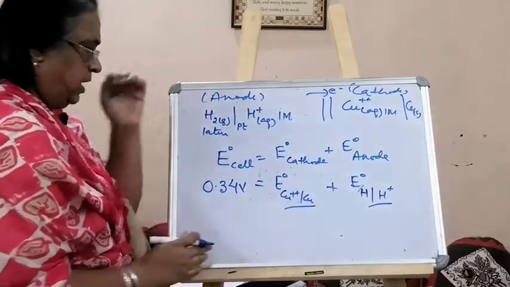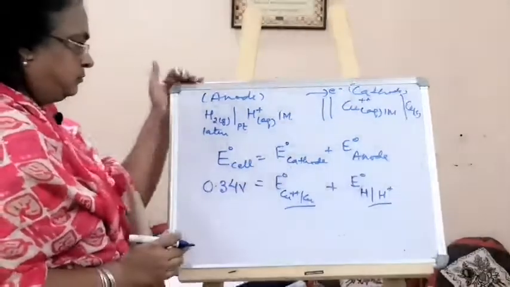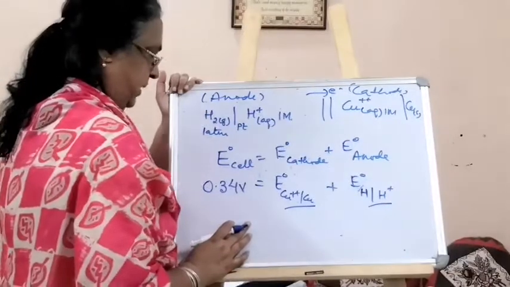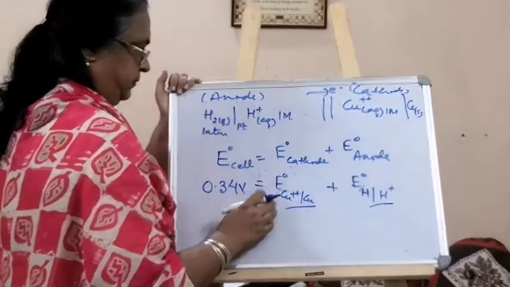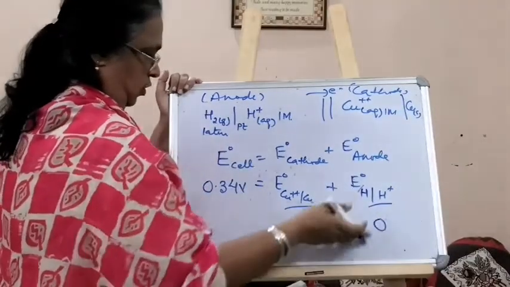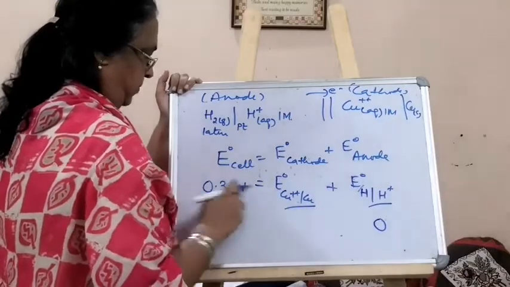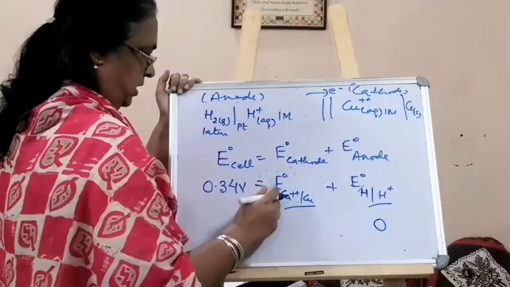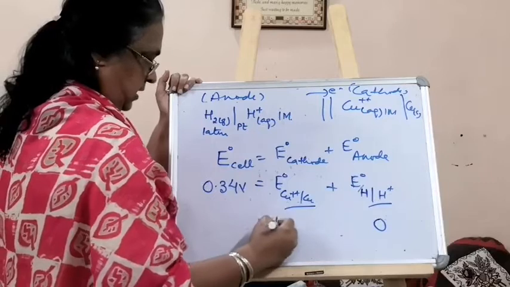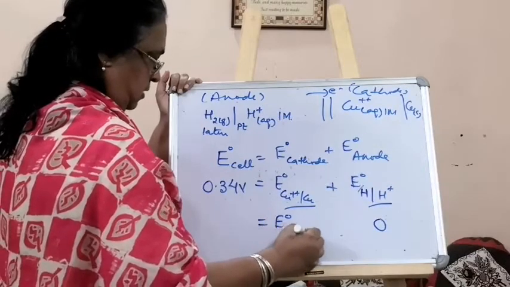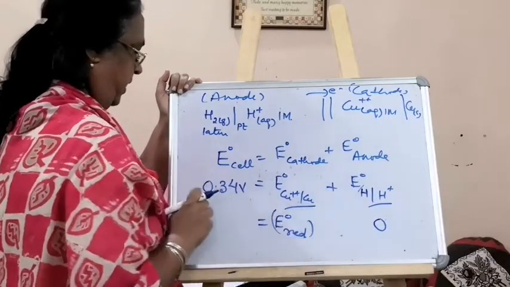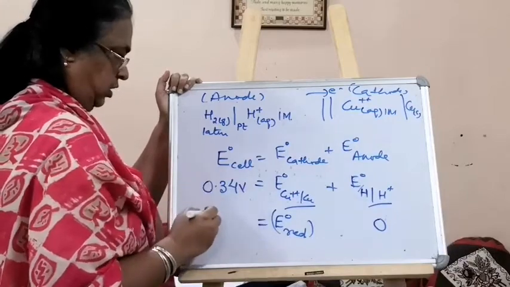So 0.34 volt is there, and therefore, if this is 0, you know that, this will be the reduction potential. This E0 reduction potential of copper is plus 0.34.